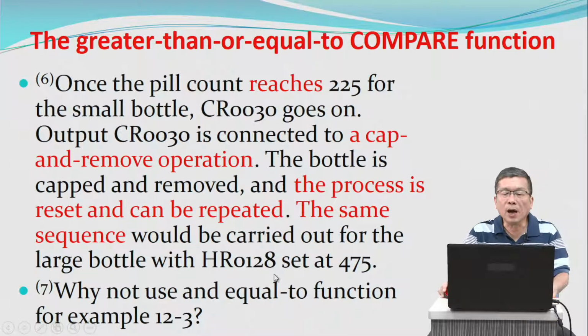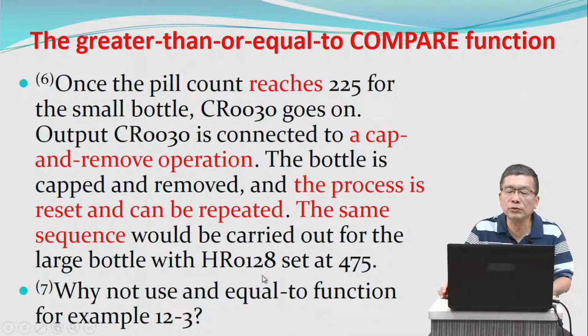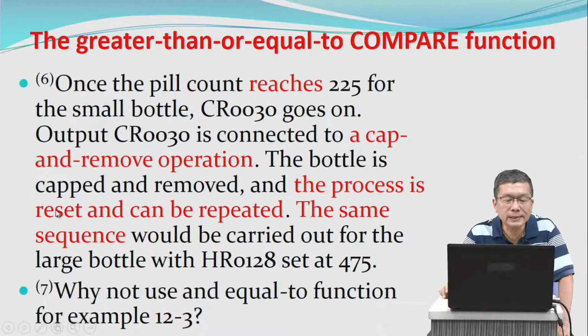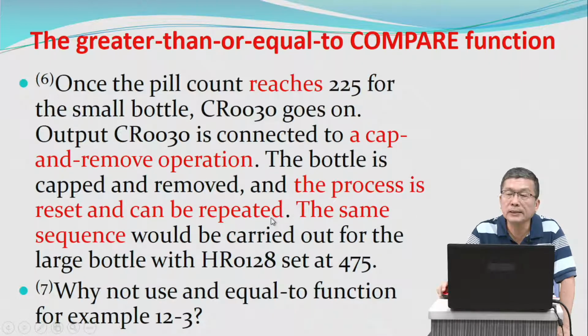Once the pill count reaches 225 for the small bottle, control relay 30 goes on. Output control 30 is connected to a cap and remove operation. The bottle is capped and removed, and the process is reset and can be repeated.